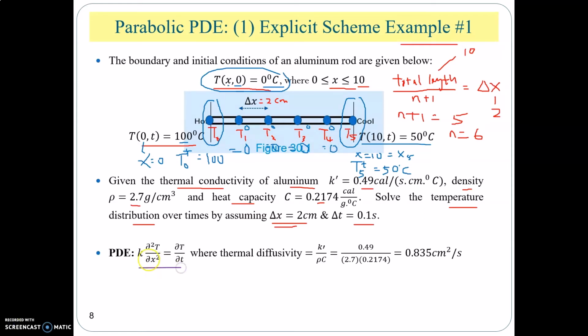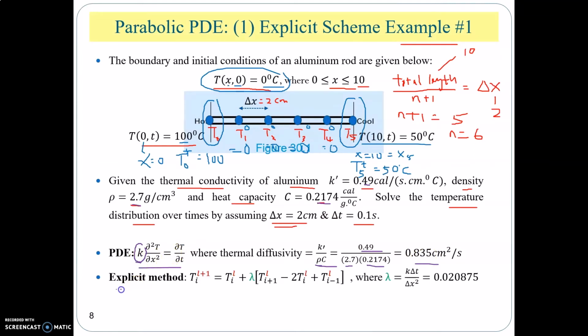This is the PDE for the heat conduction problem here. And you can find the thermal diffusivity K from this equation, where you can substitute K prime to be 0.49 here, rho to be 2.7, and C to be 0.2174, and you should get 0.835 for the K. This is the equation for the explicit method, where we can use it to find the T_i^(l+1).